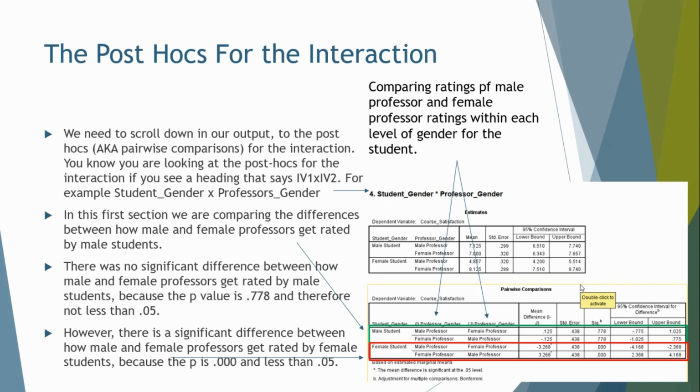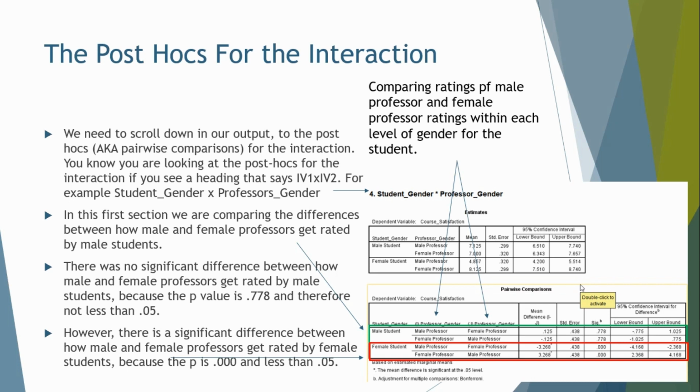If you scroll down to the part of your output that says student gender by professor gender, these are the post hocs for that. Before that, you see post hocs just for student gender or just for professor gender. That's if you want to look at the post hocs for the main effects.